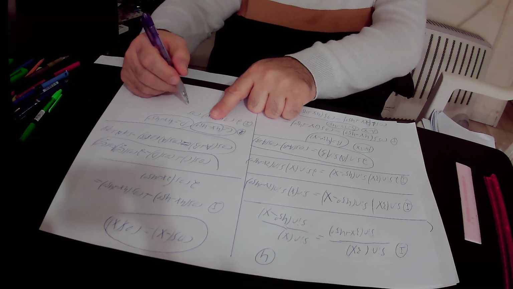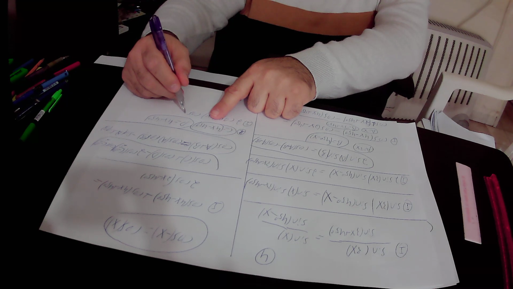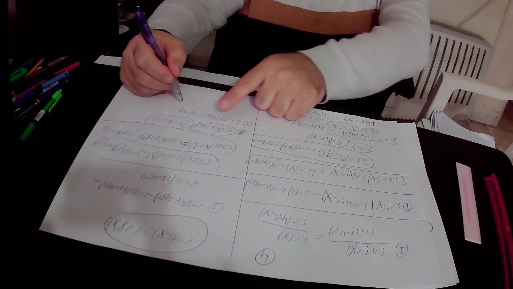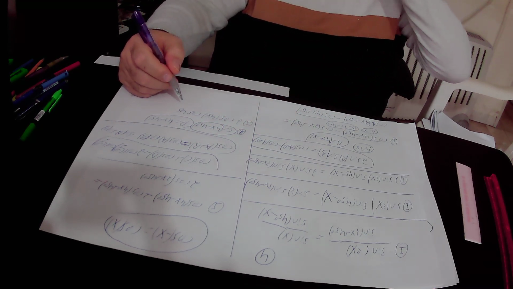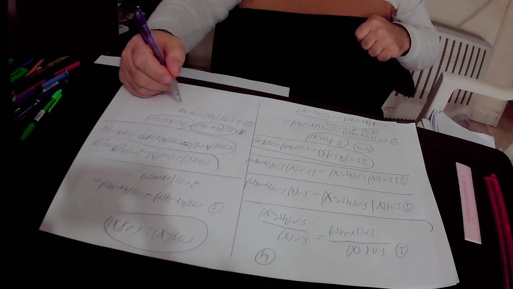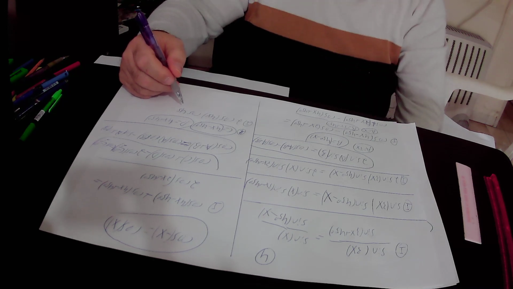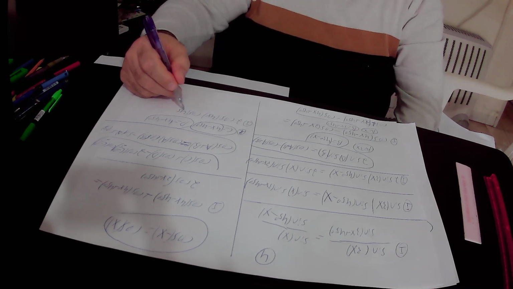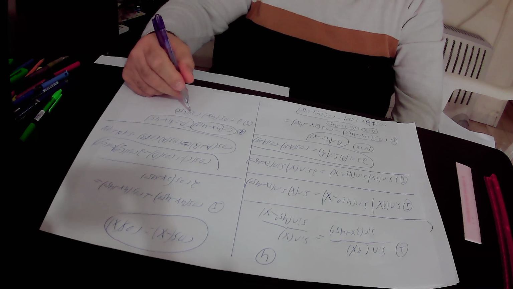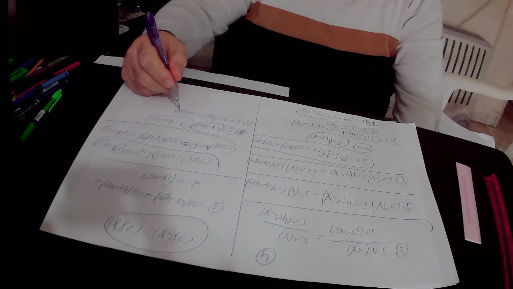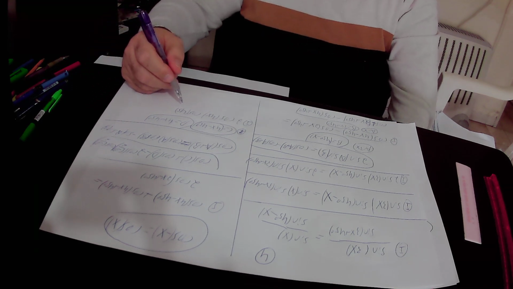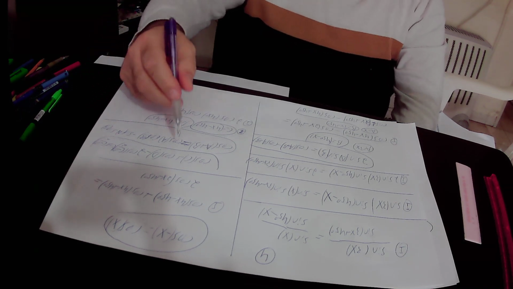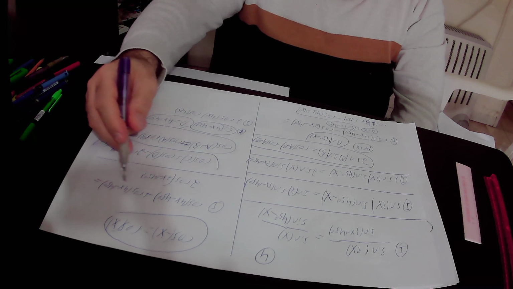So we got cosine minus 45 degrees, but because cosine minus x equals cosine x, we can change cosine minus 45 degrees to cosine 45 degrees. So we finished treating this expression.